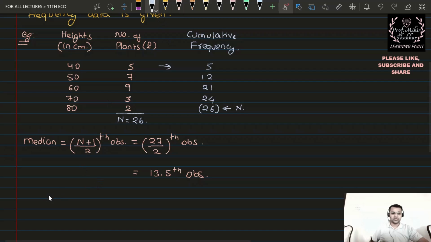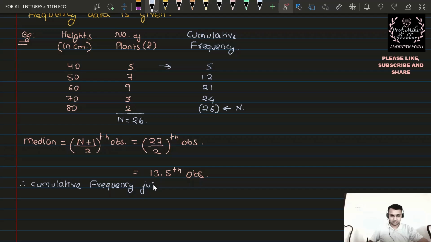Now what I will do over here is I will just take, therefore, cumulative frequency just greater than 13.5 is 21.